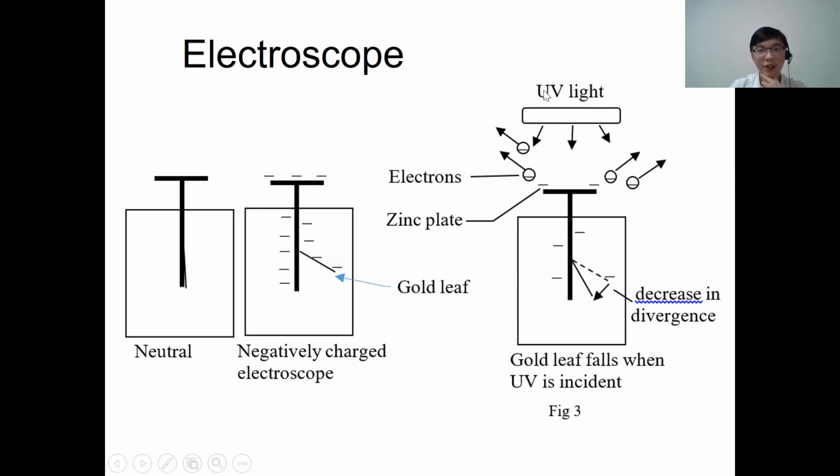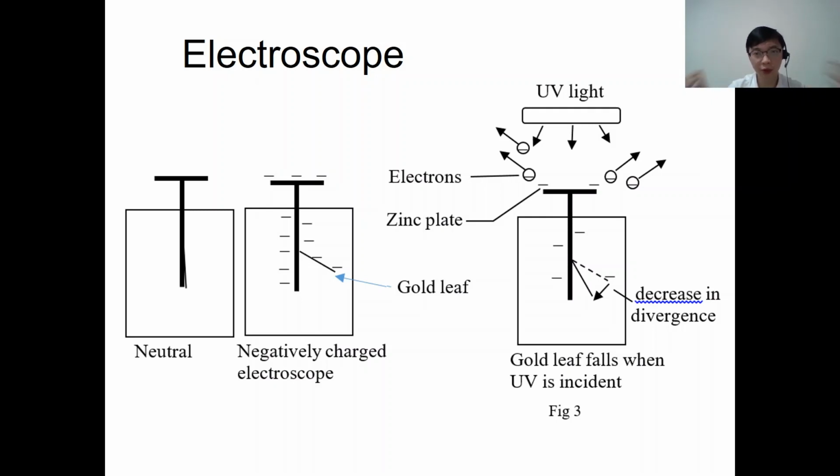The scientists tried shining UV light, ultraviolet light, on the top zinc plate, and of course they can't see the electrons flying out. They observed that the gold leaf started to decrease in divergence. When it diverged less, it means the repulsion force is less.